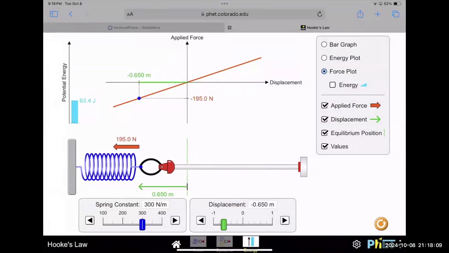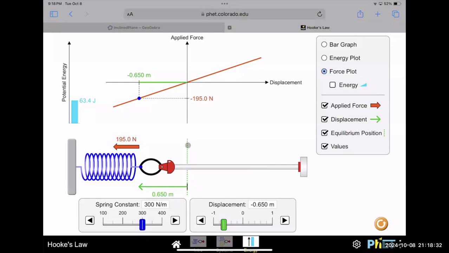But when I push, my applied force is to the left of the equilibrium. My restoring force, the force due to spring, will again be opposite to this applied force, which is again in the direction of the equilibrium.